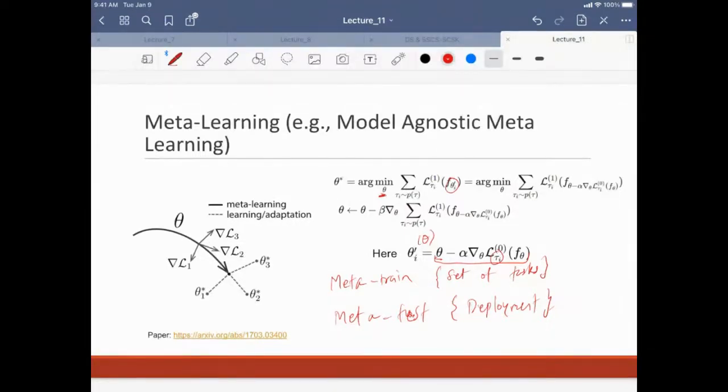So essentially now I have my loss function here, and my loss function now consists of these L of theta i prime of theta, right? So finally, this is a loss function in theta, but it's a bi-level loss function, right? Because each of these inner theta i prime itself involves an optimization problem.